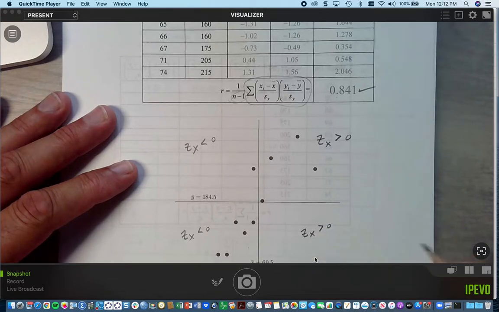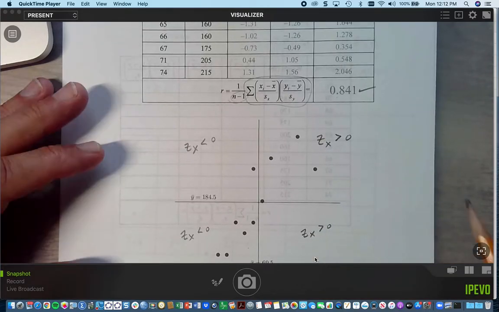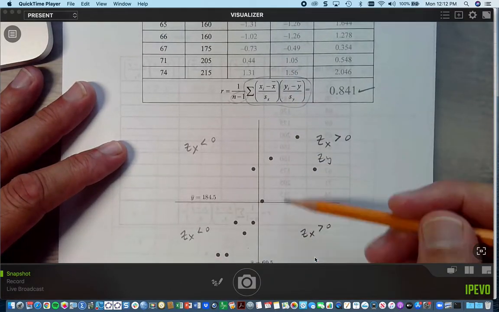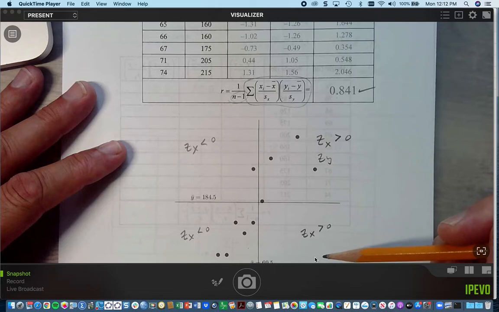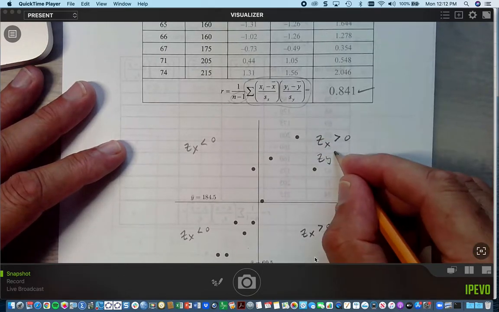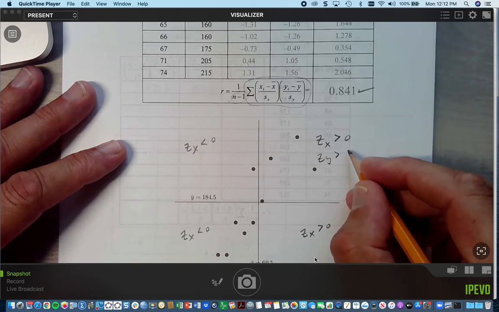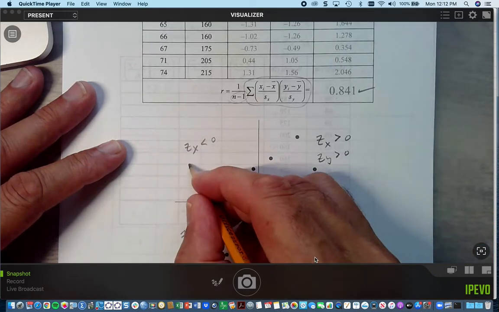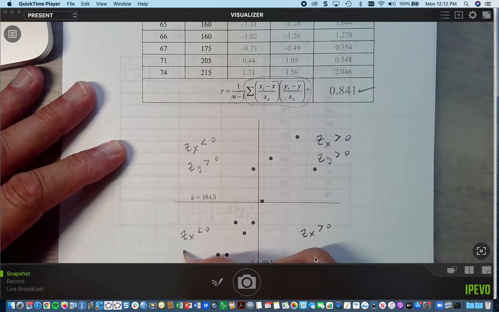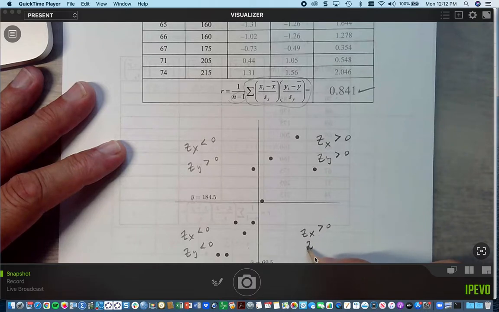All right, and then if I look at the z-scores for y, well, these guys that are above the horizontal axis are above average for their weight. And so these two values are going to end up being positive. And then down here, the z-score for y is going to be negative, and the z-score for y down here is going to be negative as well.